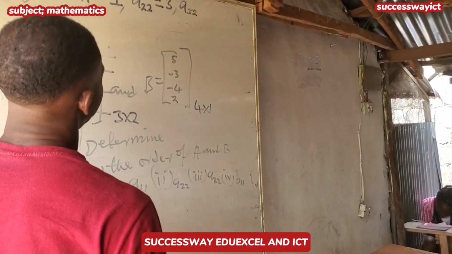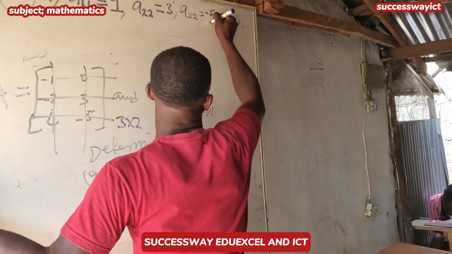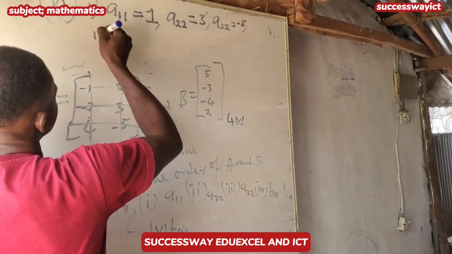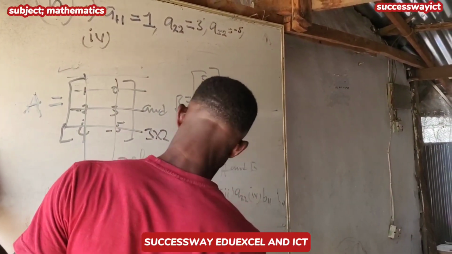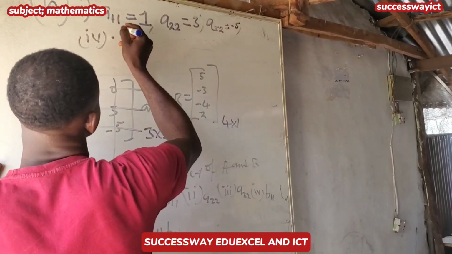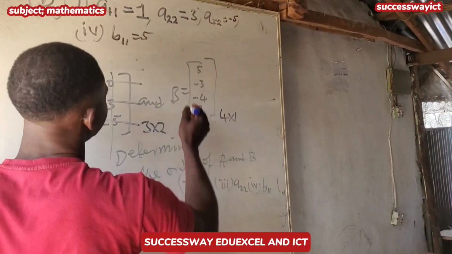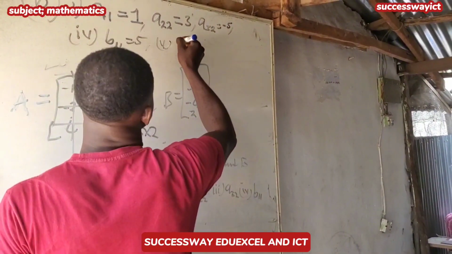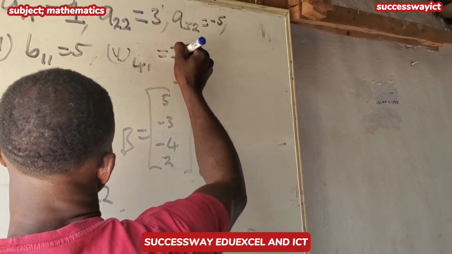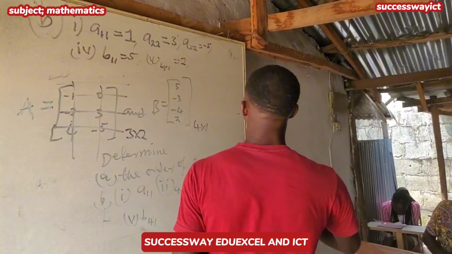Which element? We have this. First row, first column. What about fourth row, first column? I think this is not hard, isn't it? So if you are with anybody, just mark it. If the person fails, look at the way you will mark it.